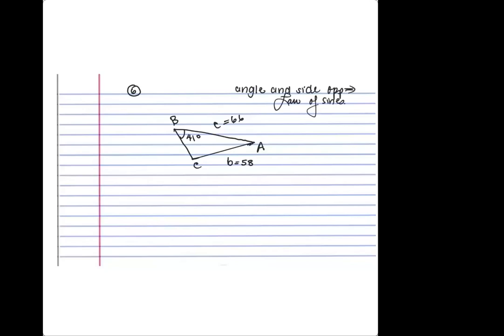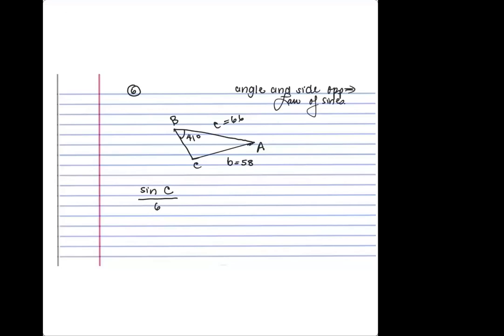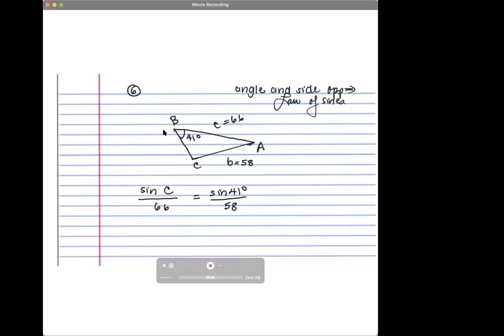So you have the sine of, since we have also little c, let's start off with sine C. That's the one we don't know. So we're going to do sine of big C over 66 is equal to sine of 41 over 58. So I chose the angle and then the side opposite.